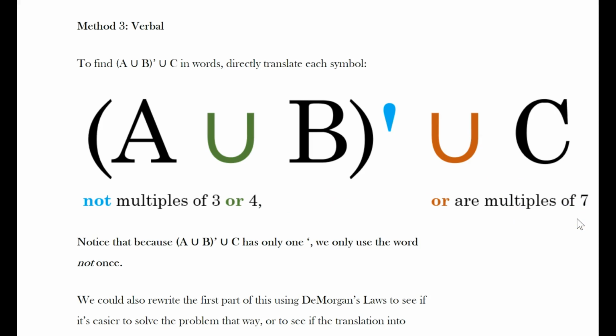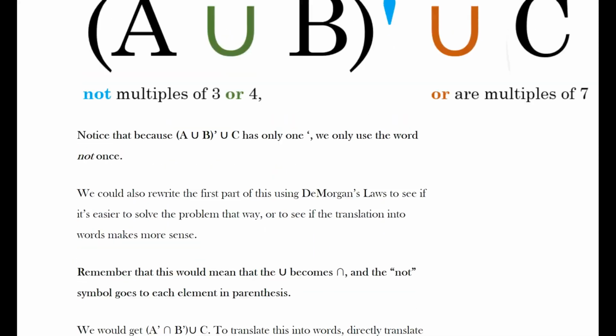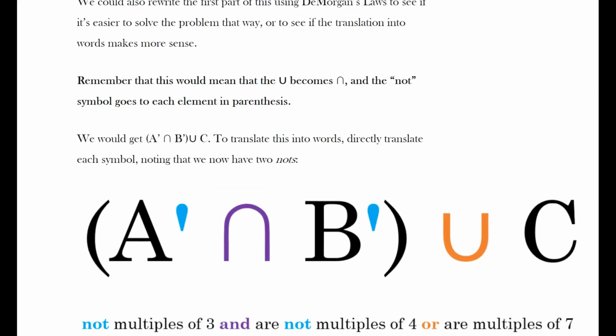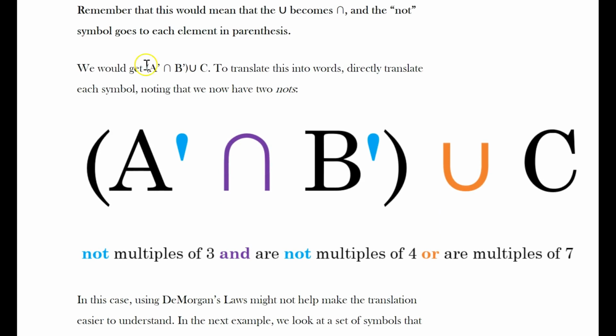So to make it come out a little bit easier to hear, you might want to use De Morgan's laws on this. See how there's a not on the outside? You're going to take the not and give it to the A, take the not, give it to the B, and you're going to turn the union upside down. That's how you translate it using De Morgan's laws. So now it comes out like this.